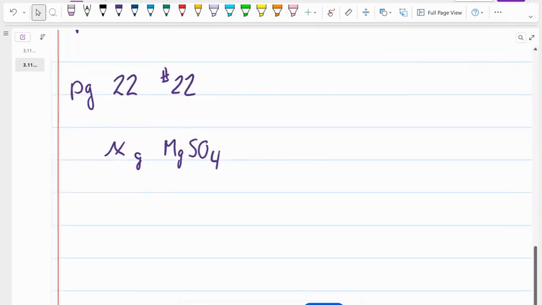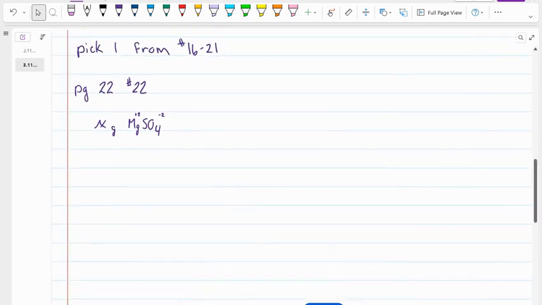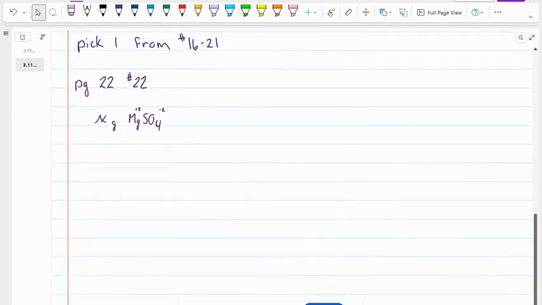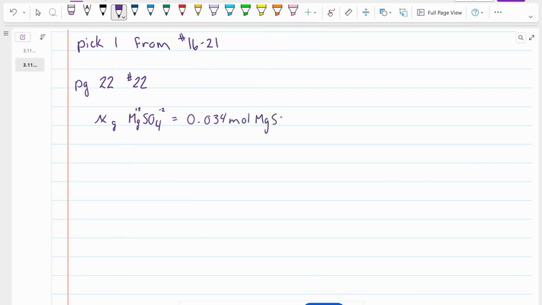And remember when we looked at Mg, this is plus 2. Sulfate's negative 2. So those go together 1 to 1. In our question, it tells us that we have 0.034 moles of magnesium sulfate.